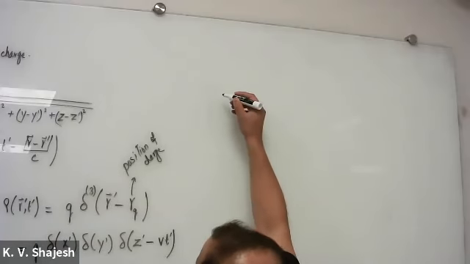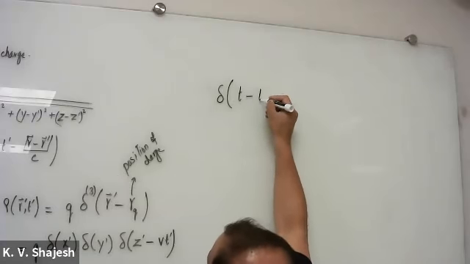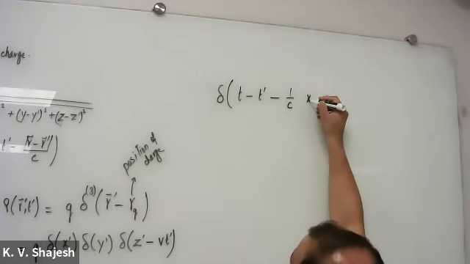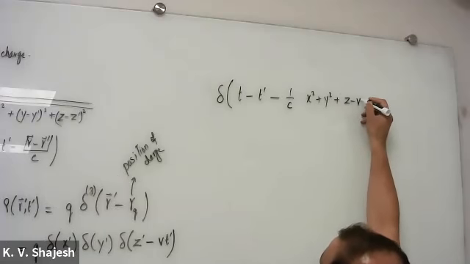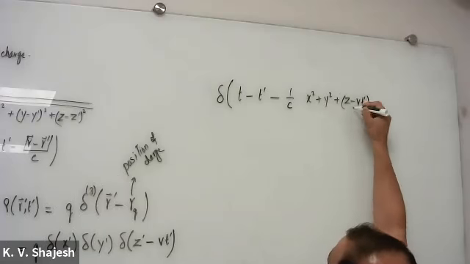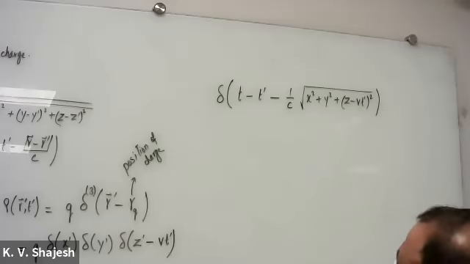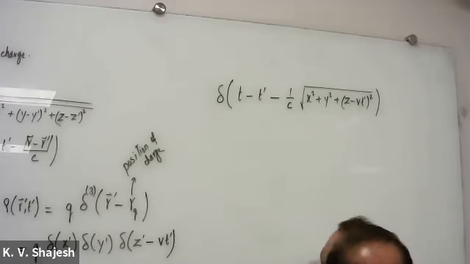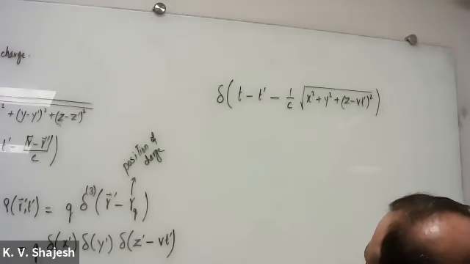So it involves the quantity: delta function of t minus t prime minus 1 over c square root of x squared plus y squared plus z minus vt prime. So we are asked, when does this go to 0? Right? So how do we do such a problem?